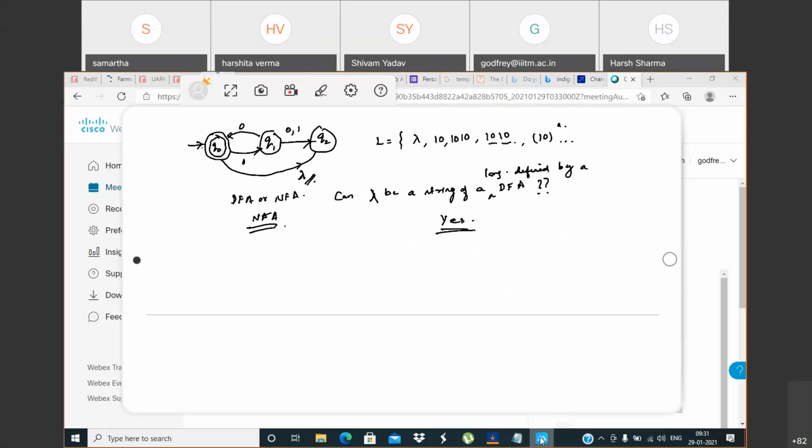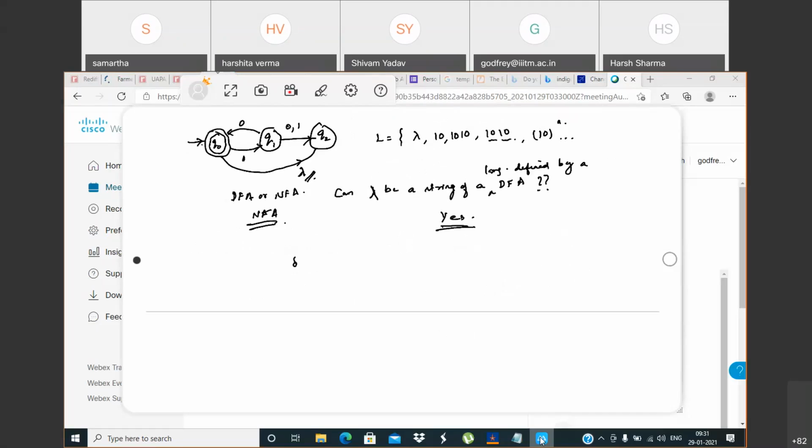Now similarly, if you extend the definition of a walk, say, if you give the second argument of delta a string, then you have a star here. So delta star qi comma w is going to be defined by capital Qj. In the DFA, how did we define? We define delta star qi comma w is equal to some qj. So this is with respect to a DFA.